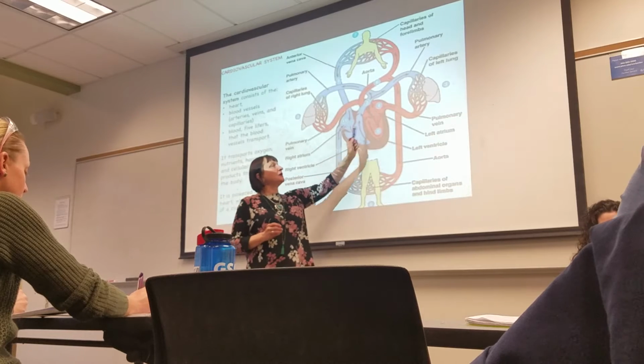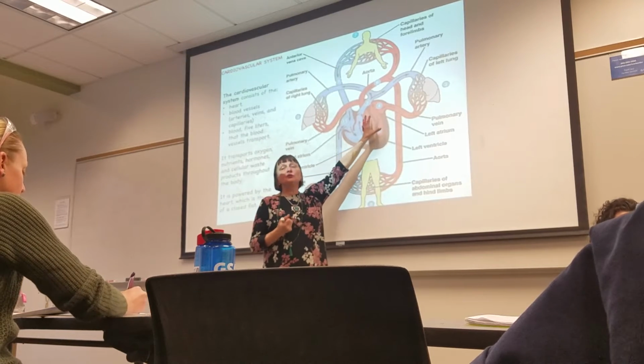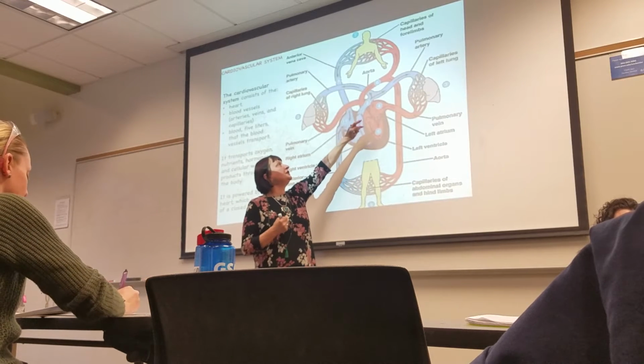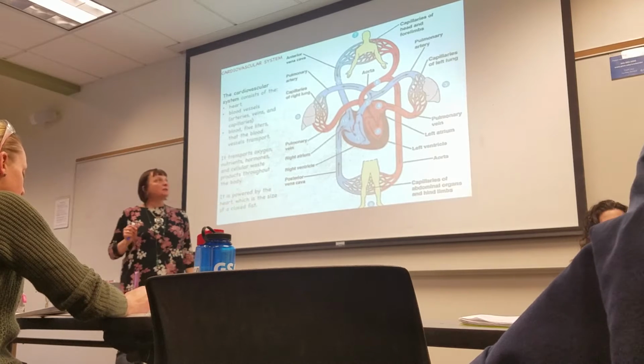But the left part of the heart, the big, more muscular one, does a huge job by pumping blood through the aorta to the entire body. And this is the big difference.